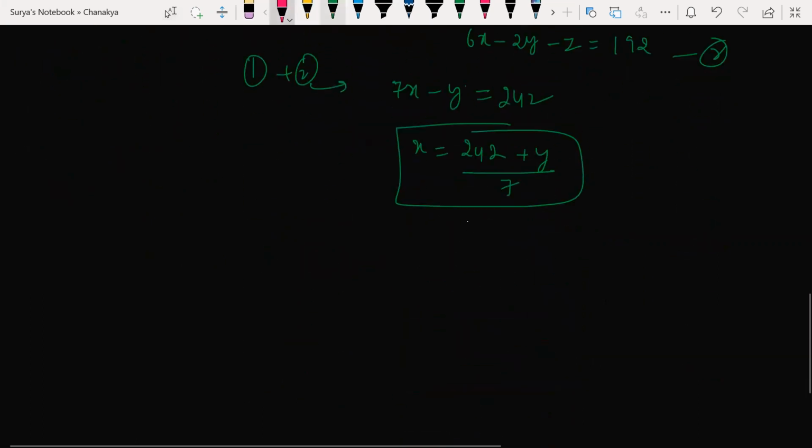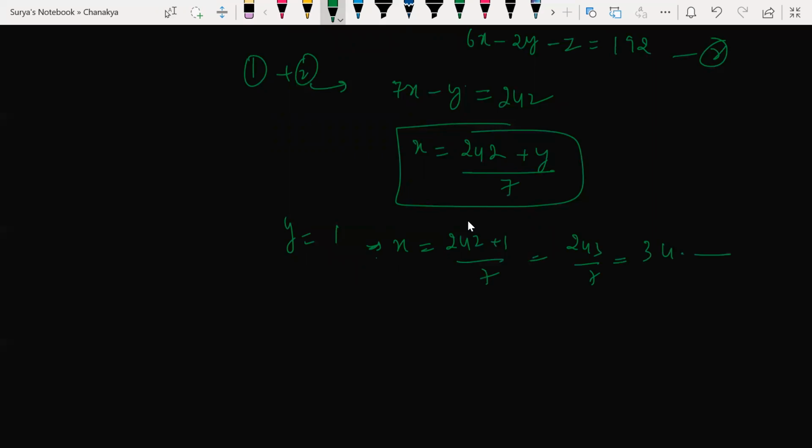Find the number of questions answered wrongly by that student cannot be less than. Okay, what are the possible values of y? If I substitute y equal to 1, what is x? 242 plus 1 by 7, 243 by 7. 7 threes are 21, 7 fours are 28, you get 34 point something. Correct?